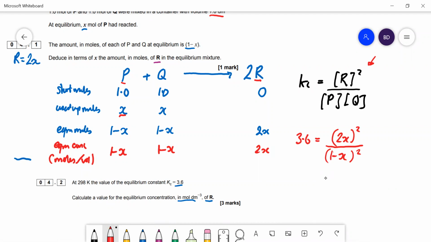But there's a quicker way of doing that, and you can see that this is a kind of perfect square. You can get the square root of that. So we're going to take the square root of both sides of the equation. So we're going to get root 3.6 is equal to the square root of all of that.